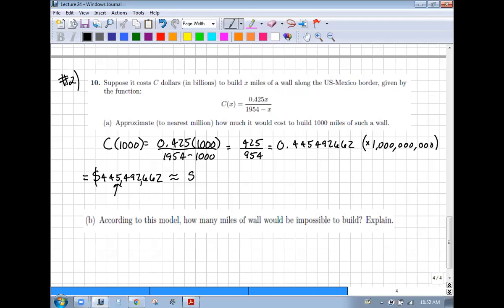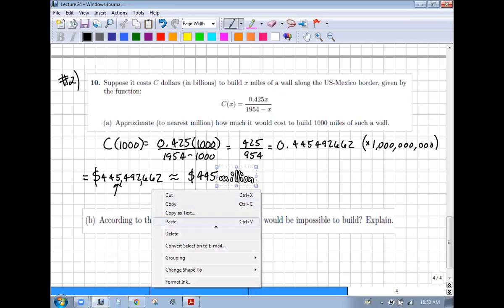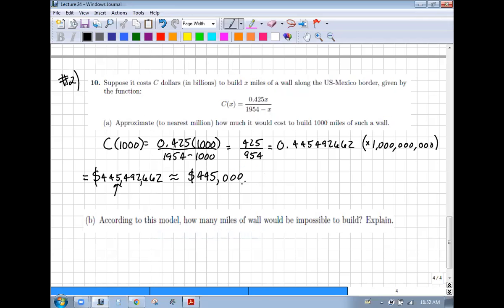So this would be $445 million. Again, all we did was plug 1,000 into the function and then round.